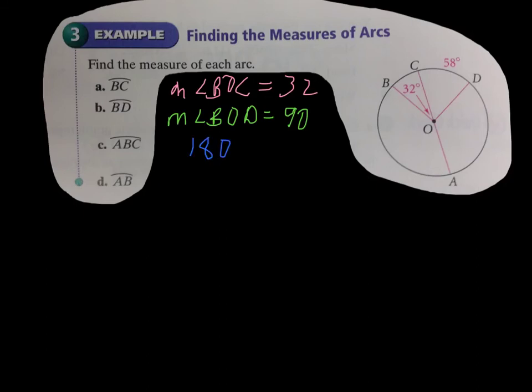The measure of arc ABC would be the measure of angle AOC, which is simply 180 degrees. We are talking about the measure of this semicircle right here, not the other side.